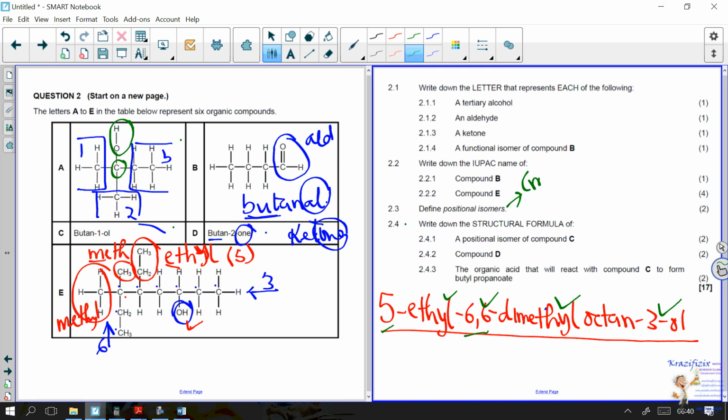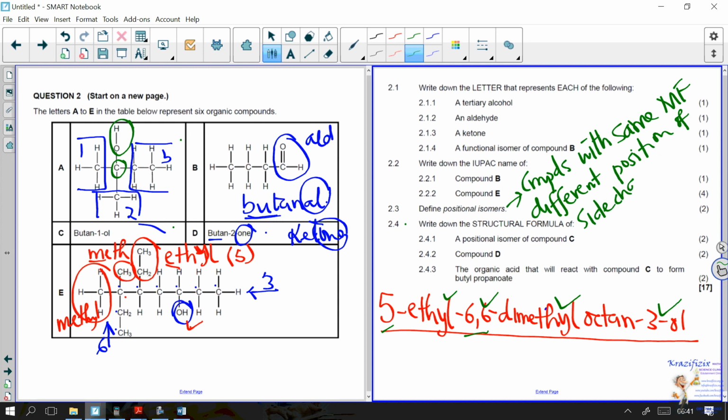Compounds with the same molecular formula, MF, but different position of a side chain or functional group on the parent chain.